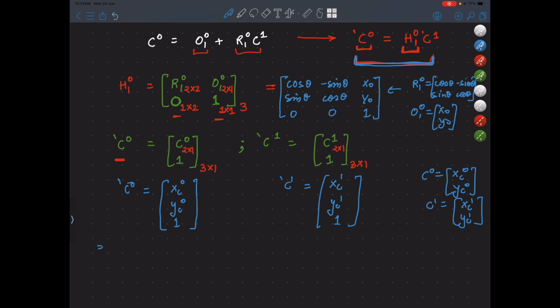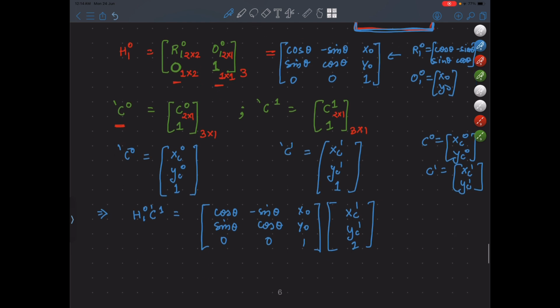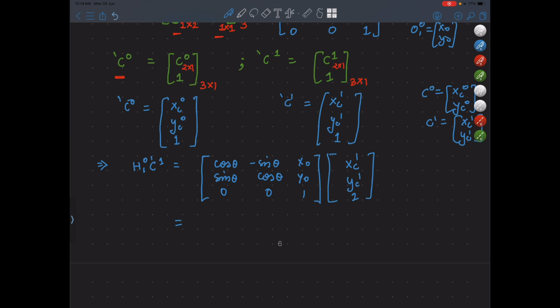So what is H1 naught into C1 prime? It will be cos theta, minus sin theta, x naught; sin theta, cos theta, y naught; 0, 0, 1, and C1 prime will be x C1, y C1, 1. This is a 3 cross 3 matrix and this is a 3 cross 1 matrix, so it will give an overall 3 cross 1 vector.